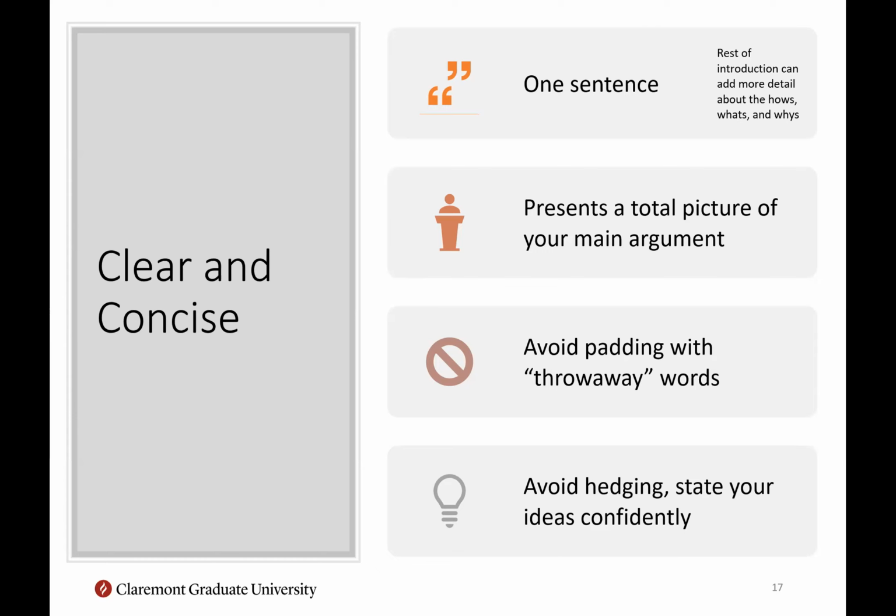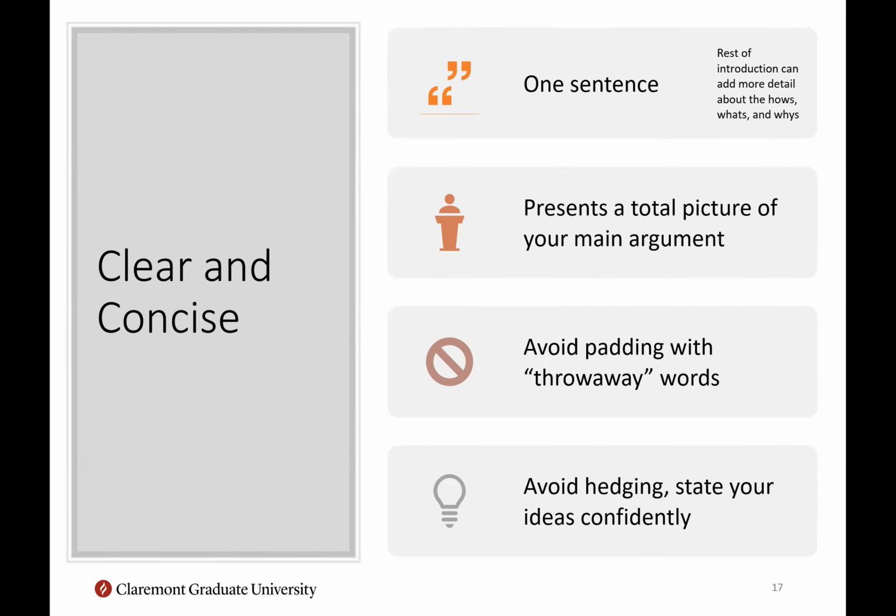So clear and concise, and this is really important. You want to be able to state your thesis in one sentence. If we go back to argument, evidence, significance, possibly that'll end up being three sentences. A lot of times you can work those all into one sentence, but you really want your thesis to be no more than one to three sentences.